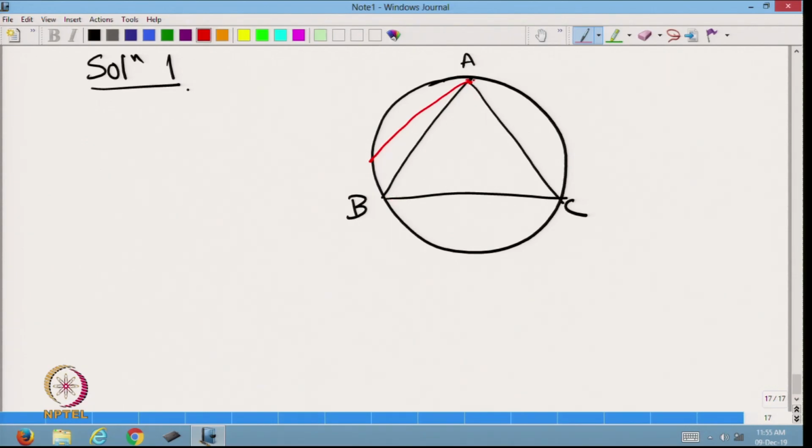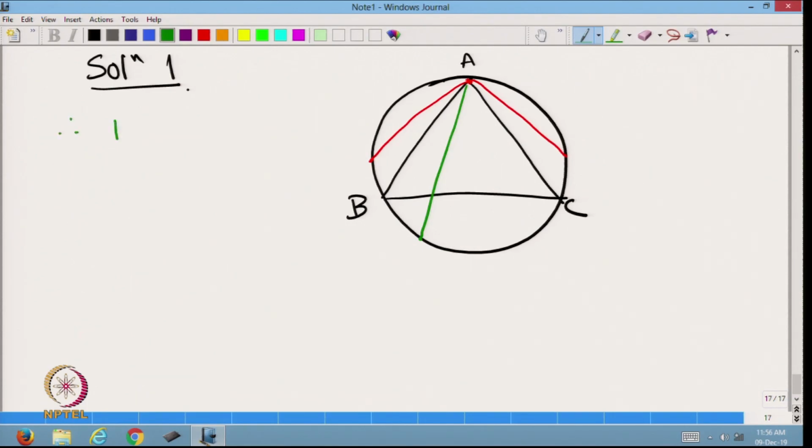Similarly, if the other end of the chord is any point on the arc A to C, then also its length is going to be less than this side of the triangle. On the other hand, if the other end of the chord is on the arc B to C, then we can see that its length is going to be bigger than the side of the equilateral triangle.